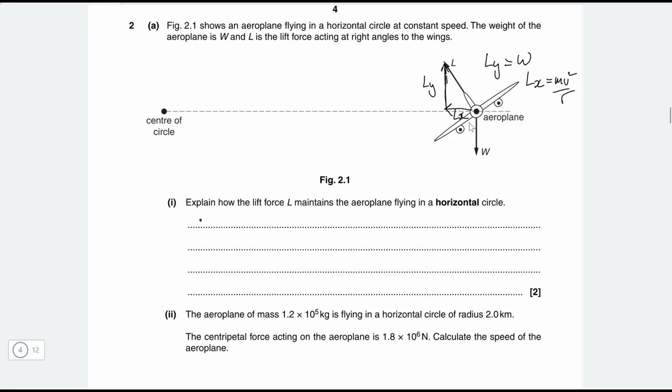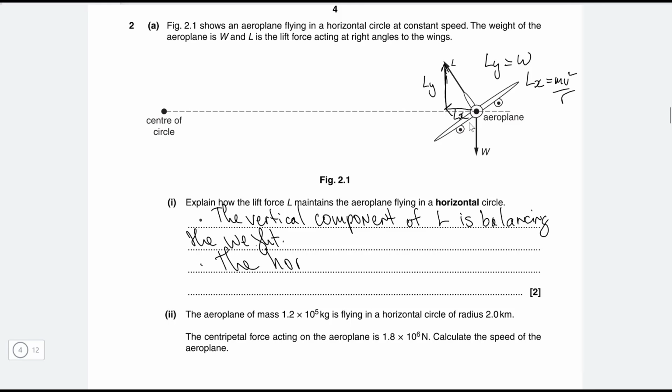So let's just write this down. We can say that the vertical component of L is balancing the weight, and the horizontal component is providing the centripetal force.